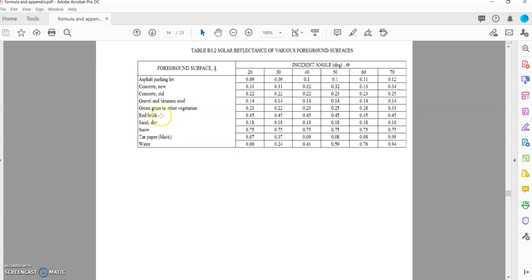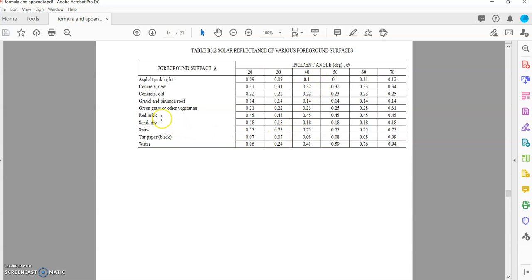The material is red brick here. So red brick, and it doesn't depend on the angle of incidence, whatever the angle of incidence is. So since it is 0.45, you have to refer to 0.45. But somehow you may have to refer to the angle of incidence, like we calculated previously.